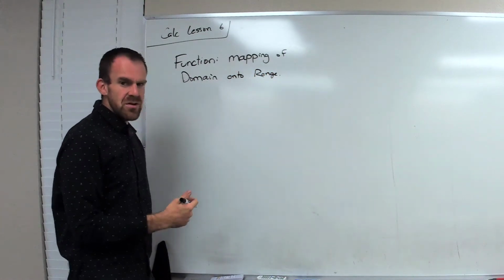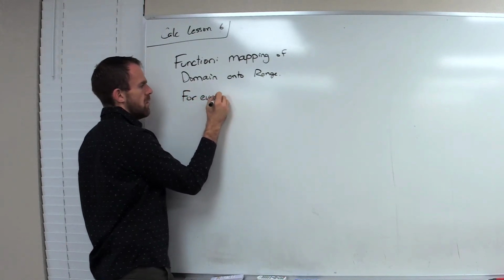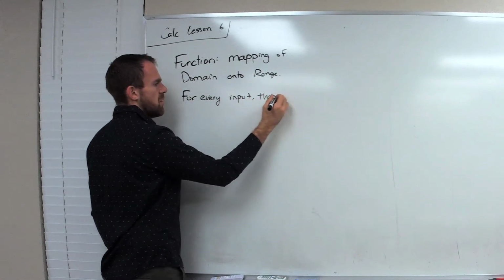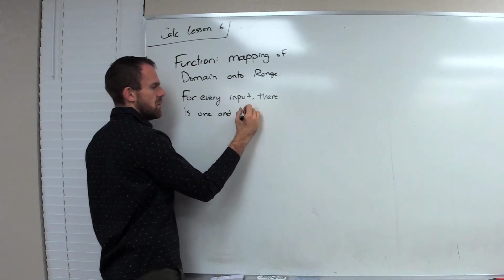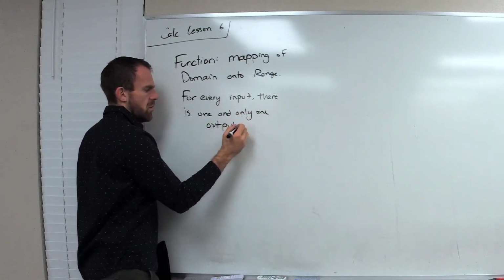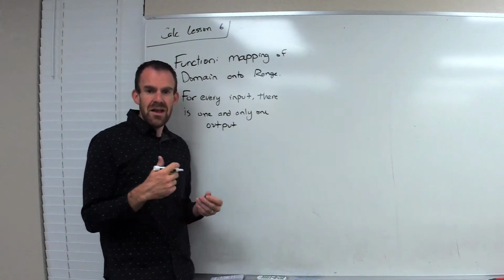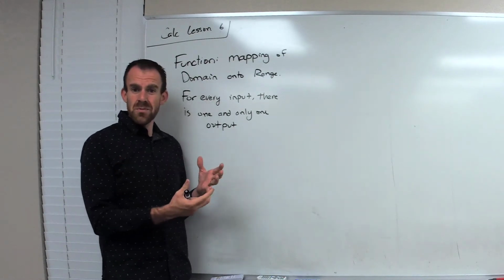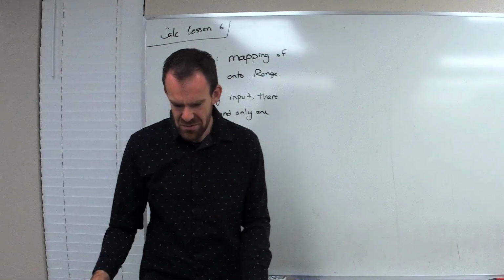And in simpler terms, it's for every input, there is one and only one output. So if we have an input to our function, we get an output. If we have one input to our function and we have multiple outputs for that same input, then it is not a function. Simple as that.